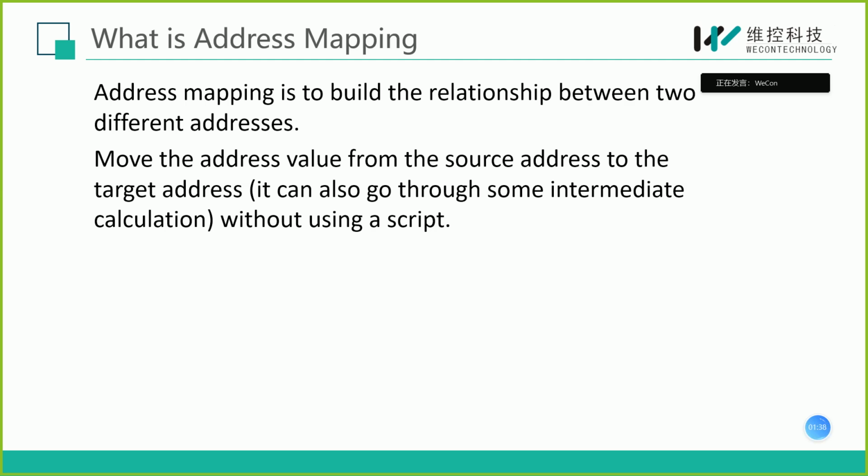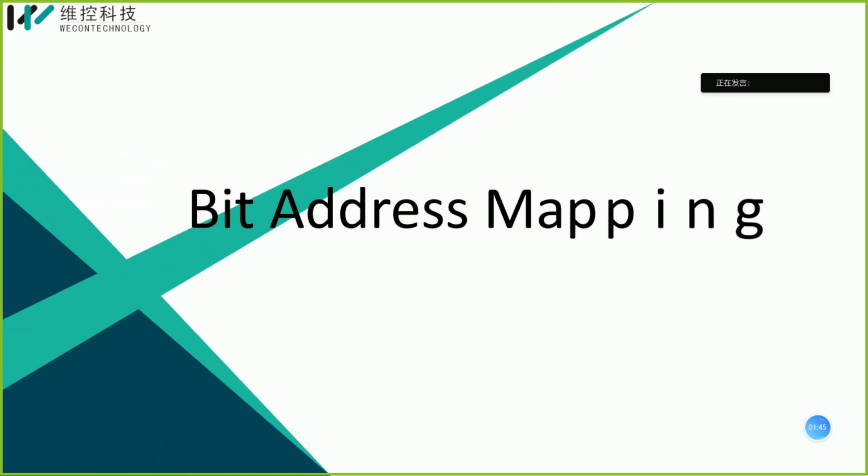So that's what address mapping is. In HMI mapping, there are two mapping address types, byte and word address. In the next part, I will introduce them.